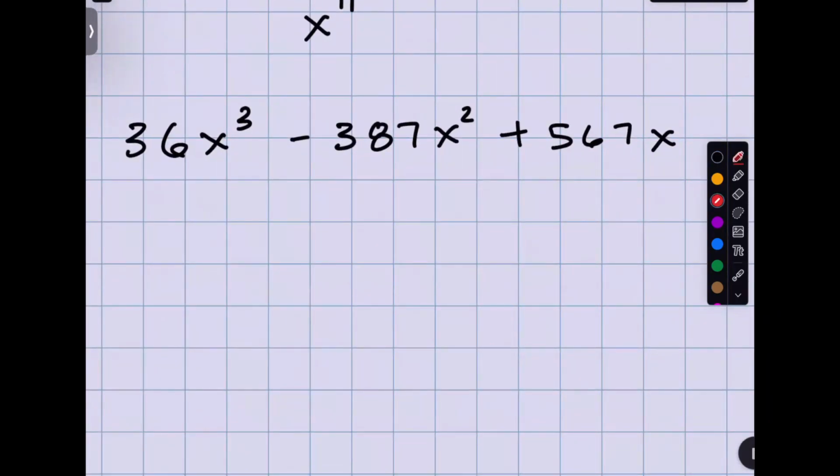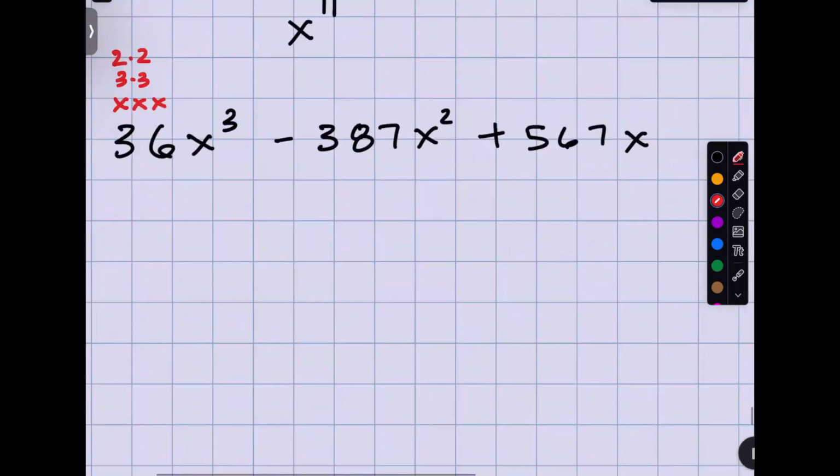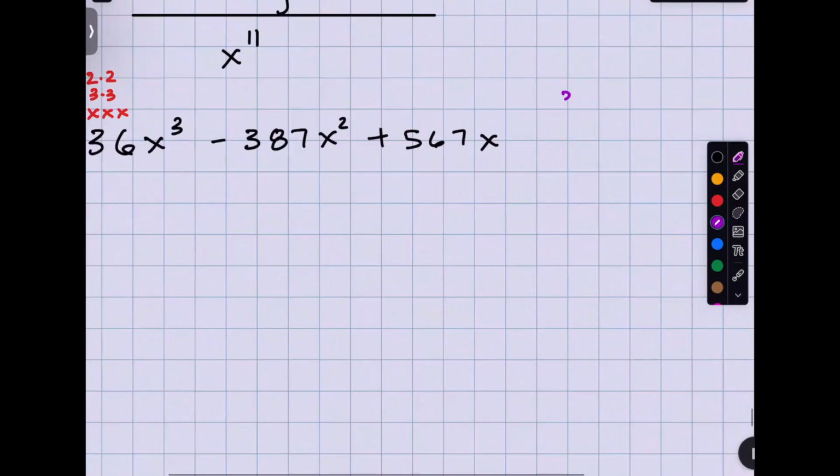These numbers are bigger and they're not even. So let's go to the side. 387 is not even, so what should I try? What's the next prime number we know after 2? 3.